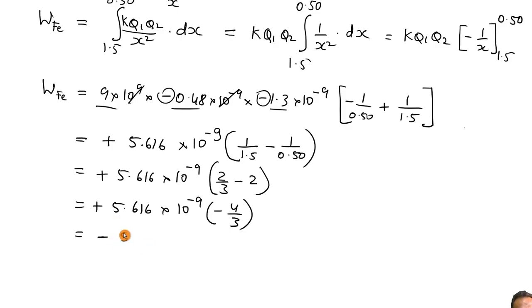So it is minus 5.616 times 10 raised to minus 9 times 4 upon 3. Just 4 upon 3 is 1.33, a recurring decimal.